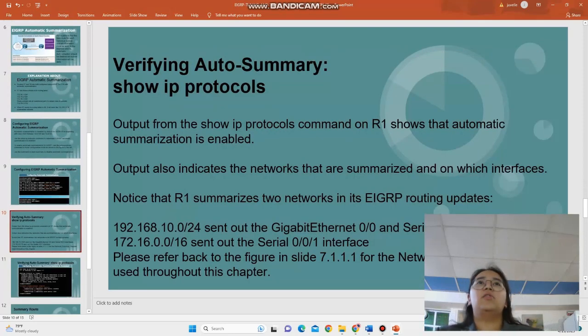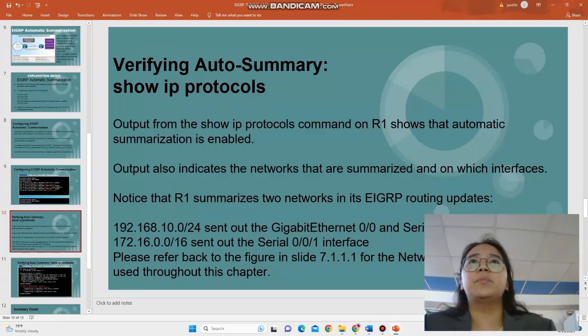So, verifying auto-summary. So, show ip protocols. Output from the show ip protocols command on R1 shows that automatic summarization is enabled. Output also indicates the networks that are summarized and on which interfaces. Notice that R1 summarizes two networks in its EIGRP routing updates.